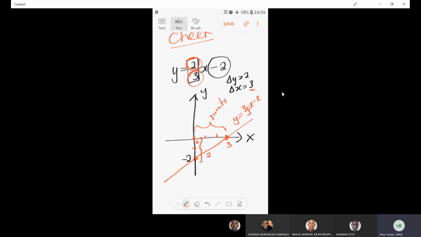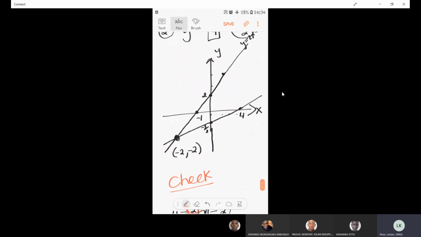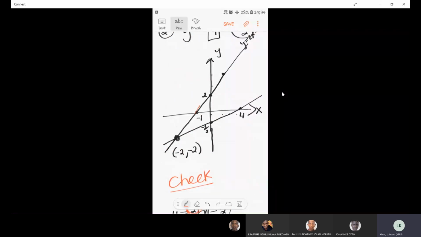Now with the previous one, I just drew 2 lines on the same graph using the same method. This line had its own gradient, this one had its own gradient. I draw both of them and then I look for the point where they meet.